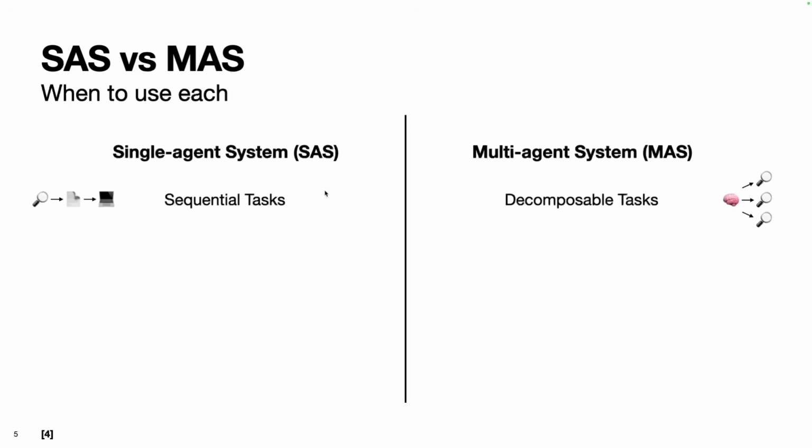On the other hand, if the task is decomposable, meaning that it can be split into parallel subtasks, or the context can be split into smaller chunks that are independent, then multi-agent systems can be helpful.